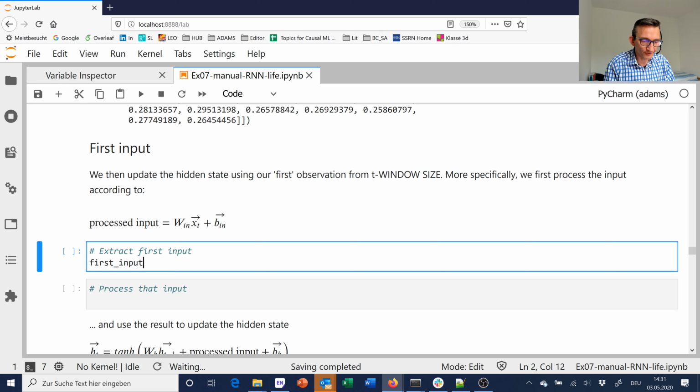What's the first input? Well, we have our mini batch of data, and we go through all the samples. The batch could be larger than one sample. In our case, it isn't, but we go through all of them. And the important bit is this guy here.